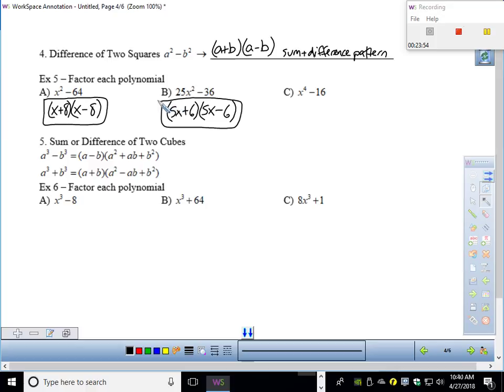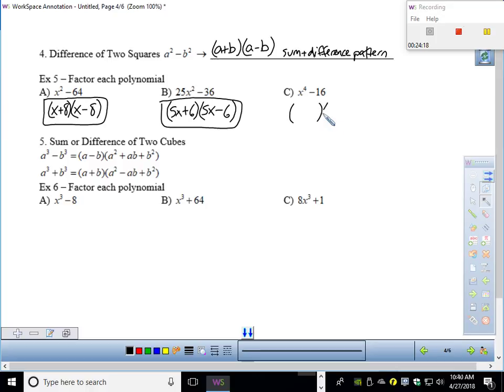Perfect. Now let's move on to letter C. Interesting one here, a little harder. If I recognize this one, hopefully you do from Algebra 2, anything to the fourth power is actually also a perfect square. So this is also perfectly a difference of two squares.